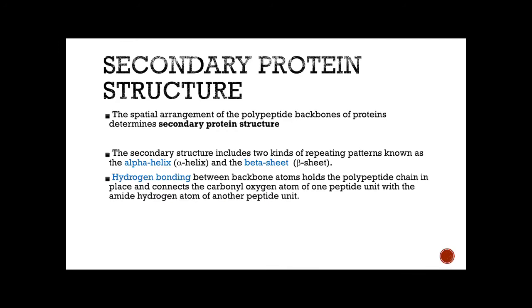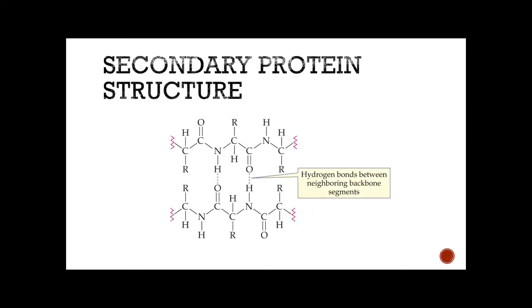The secondary structure of a protein describes the type of structure that forms when amino acids form hydrogen bonds between the backbone atoms. So the hydrogen bond is between the oxygen on the carbonyl group and the hydrogen on the amide group. I'll just show you here on this slide.